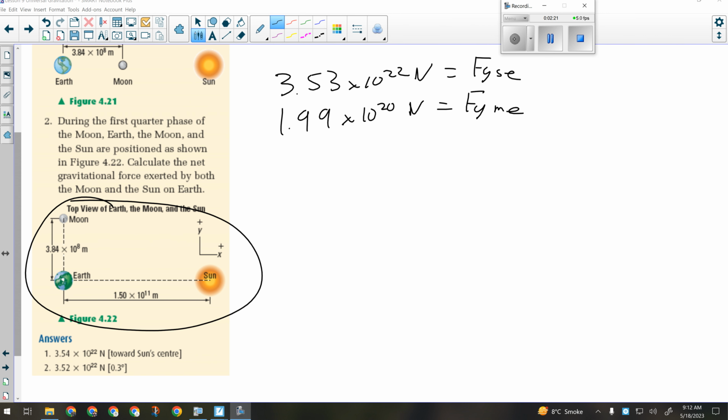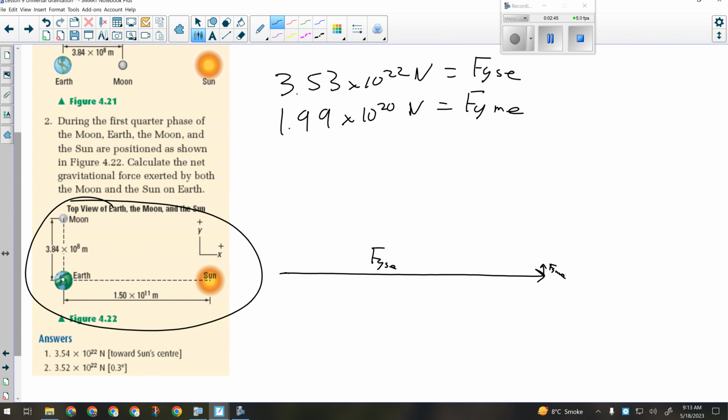So what we're going to have here are two forces, okay? One of them is the force of gravity between the sun and the earth, and then the force of gravity between the moon and the earth. And that's not to scale. That line should be even smaller than that by comparison.